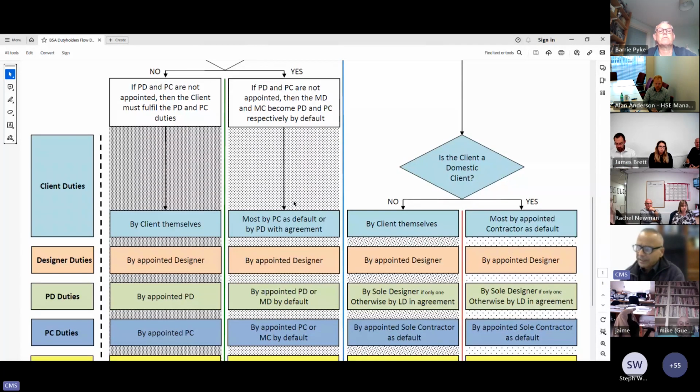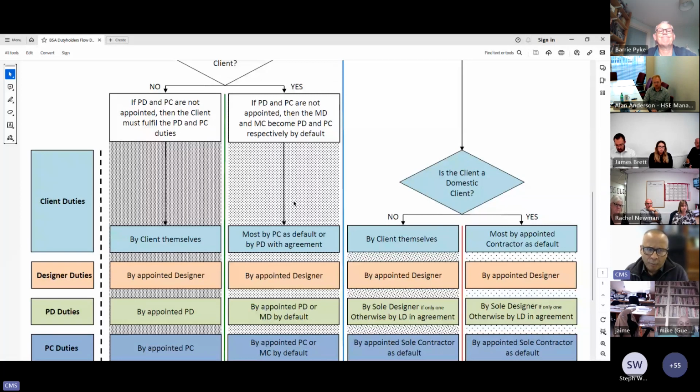Now, in this case, a domestic client case, if PD and PC are not appointed by the client, then the main designer, you know the definition of main designer, the designer in control of the design phase, becomes the principal designer by default, and the main contractor, the contractor in control of the construction phase, becomes the principal contractor by default.